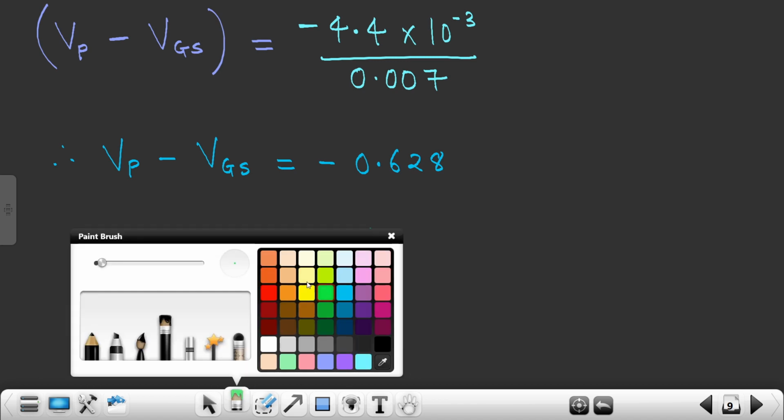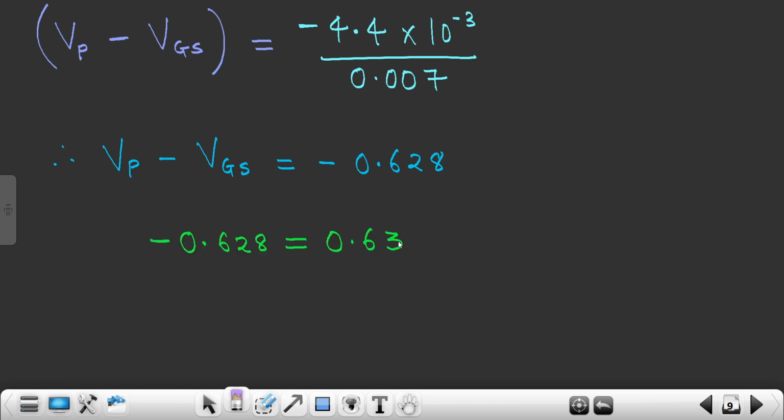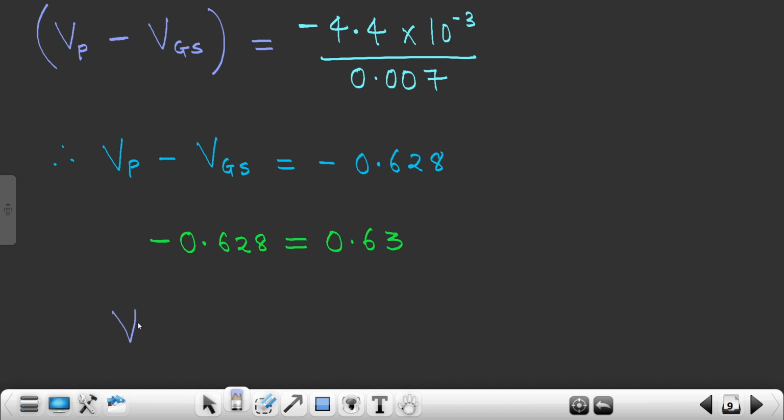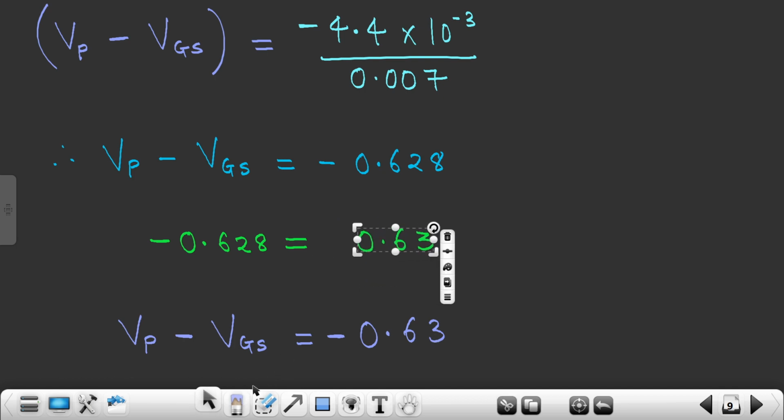So at the end we get one equation, that is VP minus of VGS is equivalent to minus of 0.63. I just made a small mistake over here, 0.63. So over here there should be one negative sign. Just a second, let me show it over here.